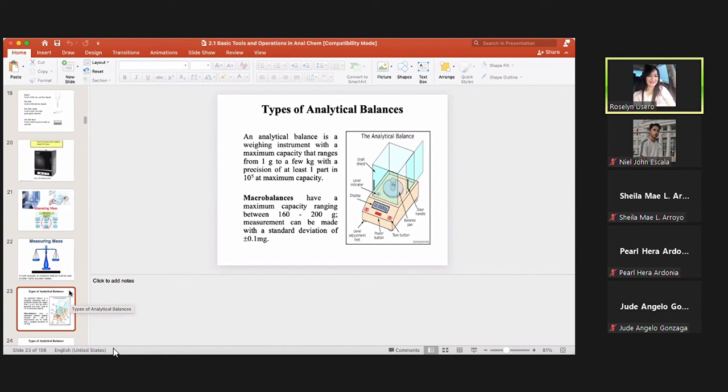Also, next meeting, we will have calibration of volumetric wares, and then determination of alkalinity in water as part of the acid-base titration experiment.